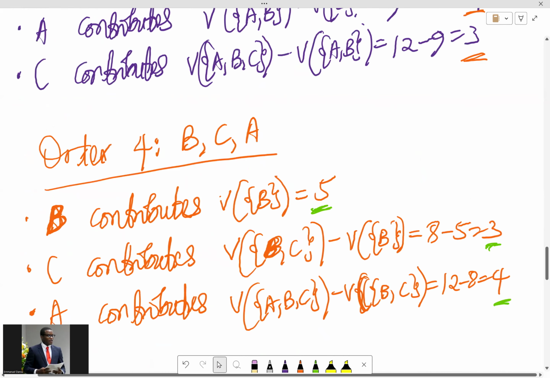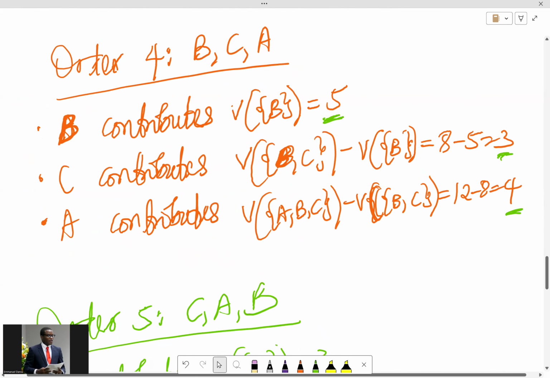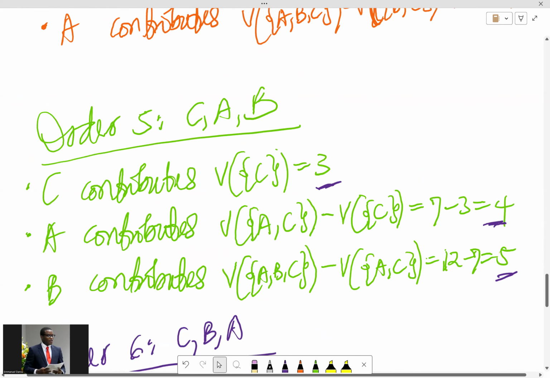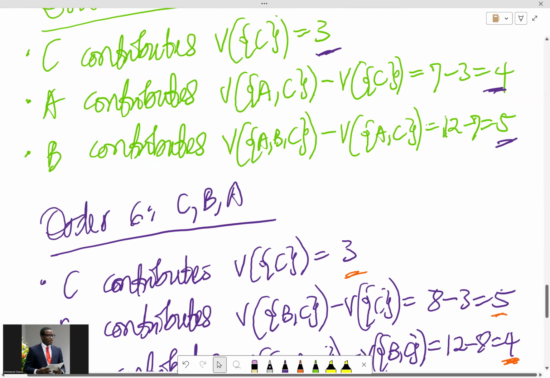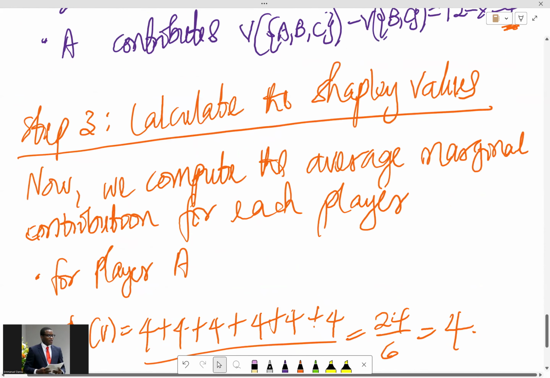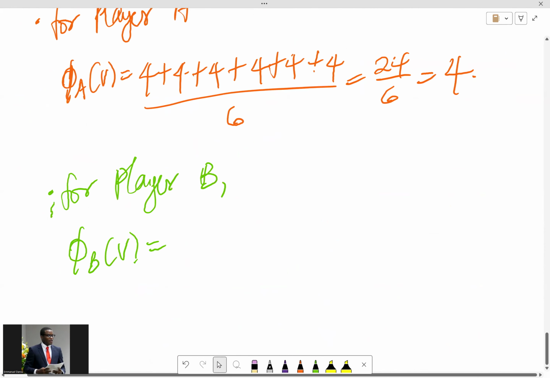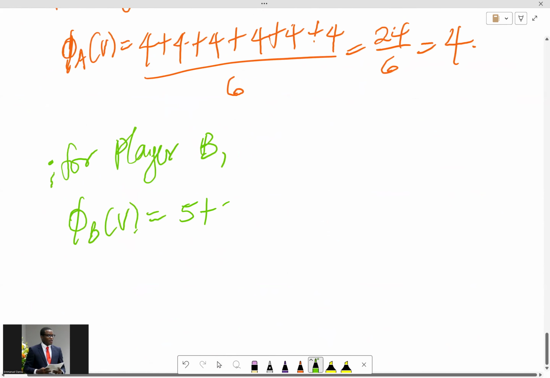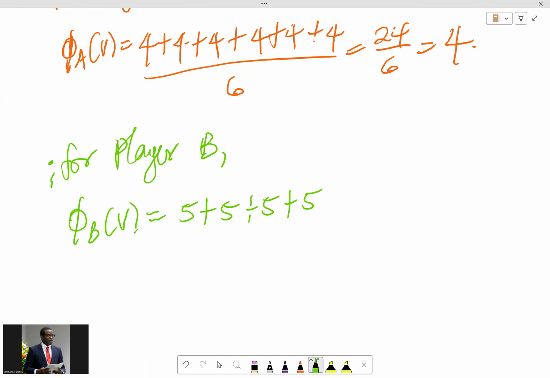In order 4, B is 5. In order 5, B is 5. In order 6, B is 5 everywhere. Interesting. So that is 5 plus 5 plus 5 plus 5 plus 5 plus 5 divided by 6. That is 30 over 6, and that is 5.